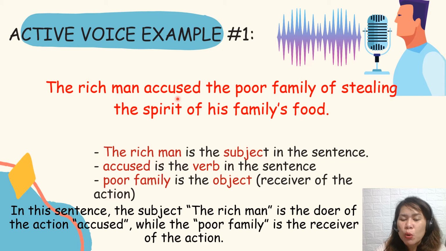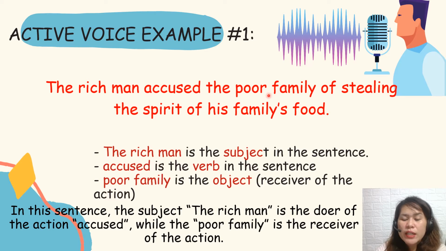At sino naman po ang receiver ng action or ng verb na accuse? Sino ba yung ina-accuse? Di ba po yung poor family? That's why yung poor family is the object or the receiver of the action. So kung mapapansin natin dun sa ating format or formula, subject, past participle verb, and then the receiver, which is the object.